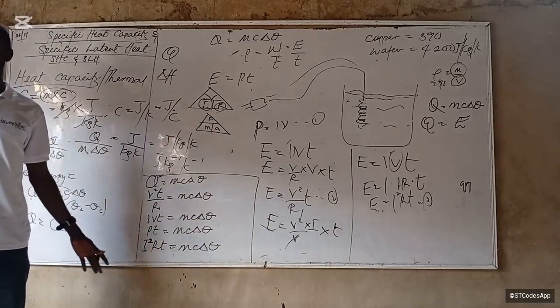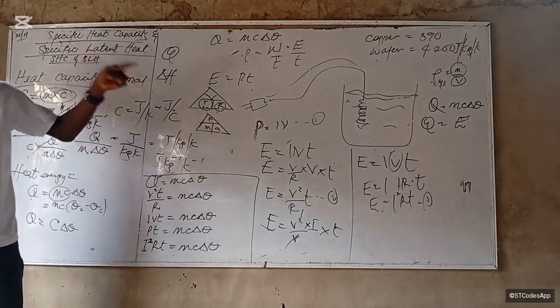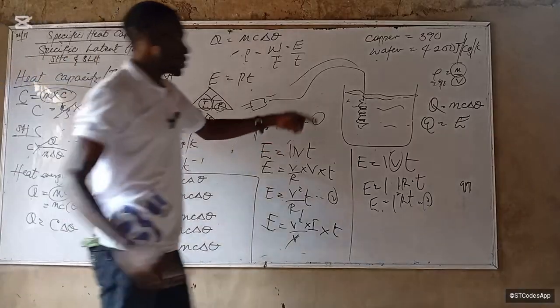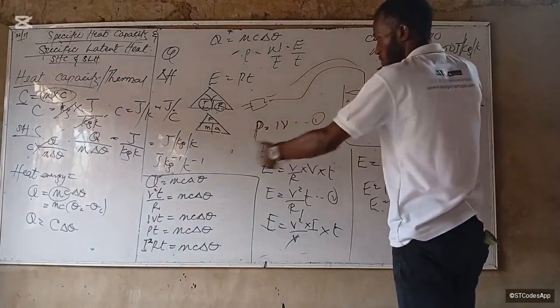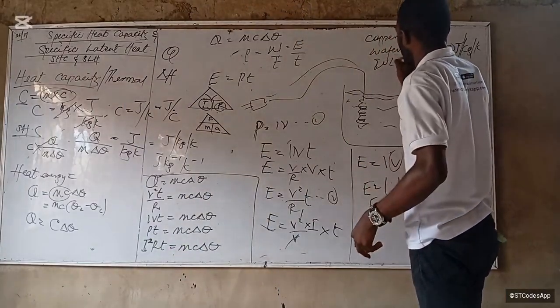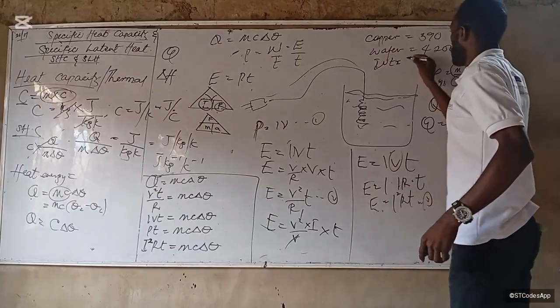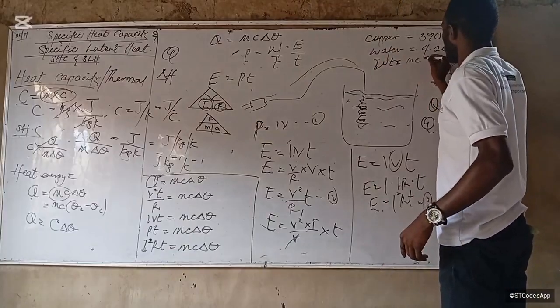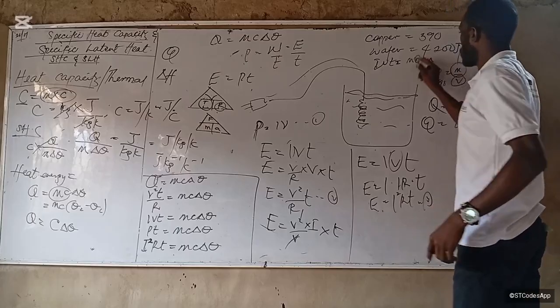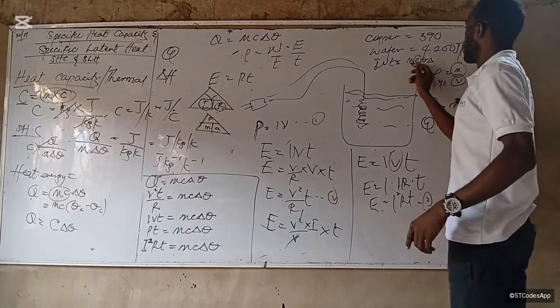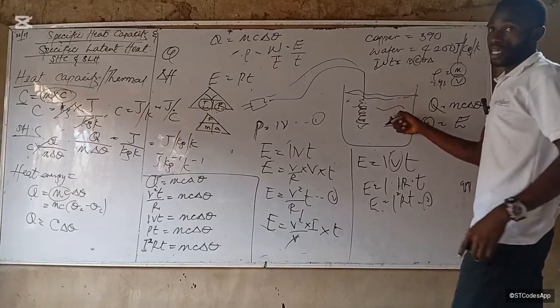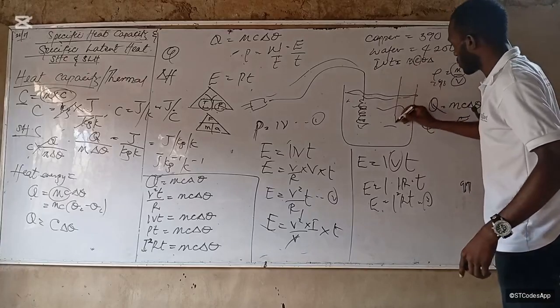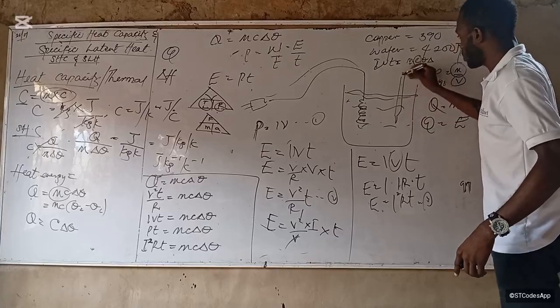Does that make sense? So this is one of the ways by which the specific heat capacity of water was measured. Knowing the electrical energy, I know that IVT is equal to MC delta theta. Now I'm looking for the specific heat capacity. We already know the mass by this calculation, and we can put a thermometer here to measure the temperature.